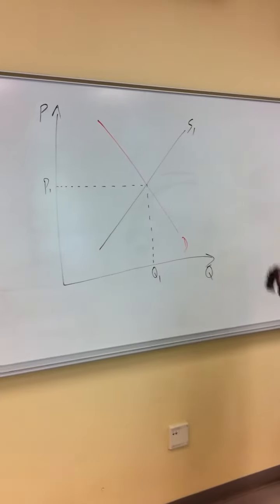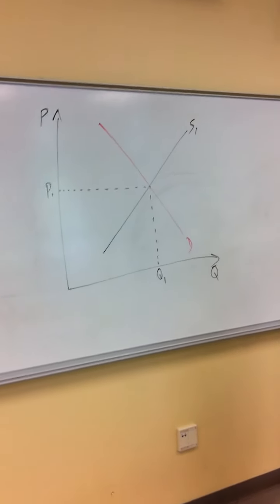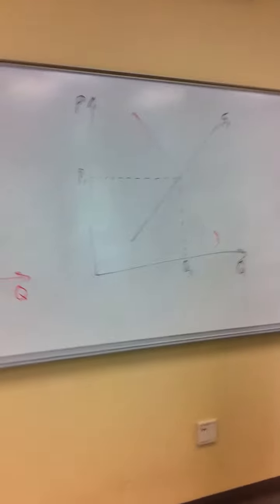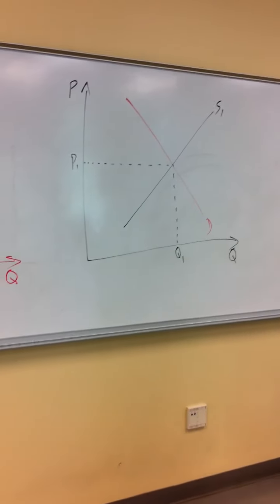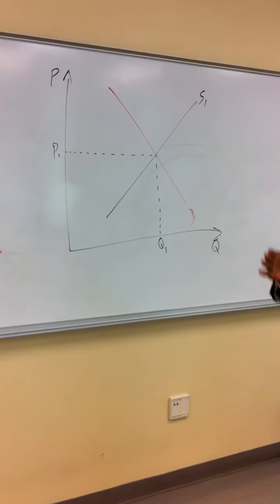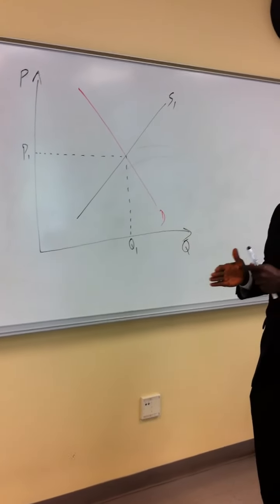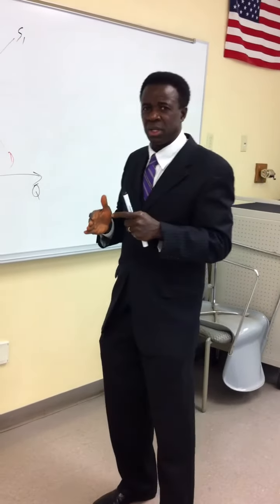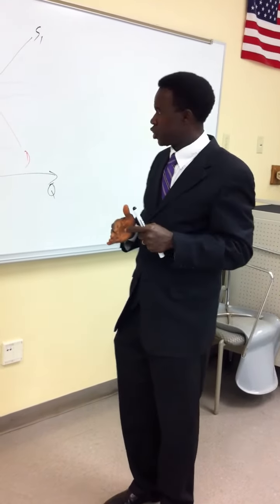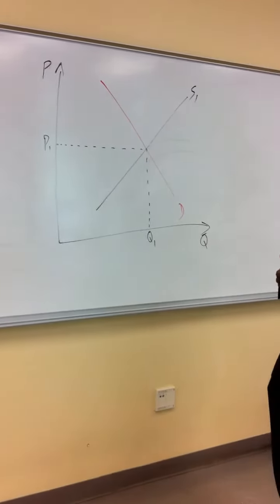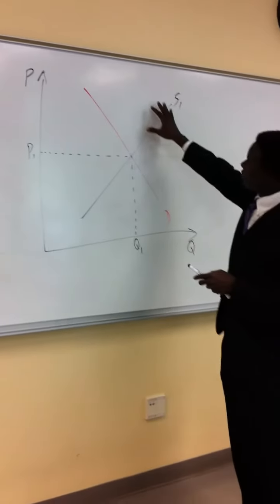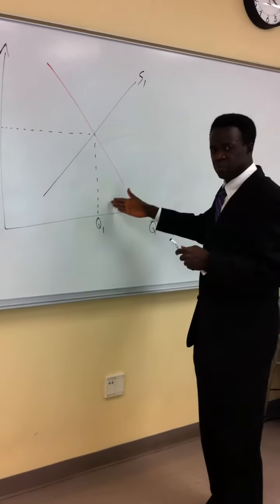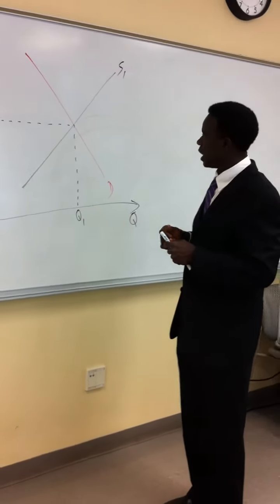Now, because education has spillover benefits, but the market system fails to capture the social benefits of education. The market system only captures the private benefits of education. And because of that, the market system tends to under-allocate resources to production of education.